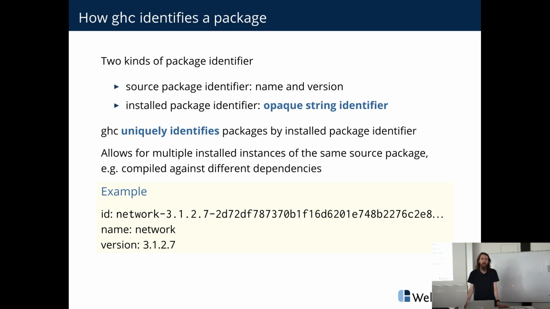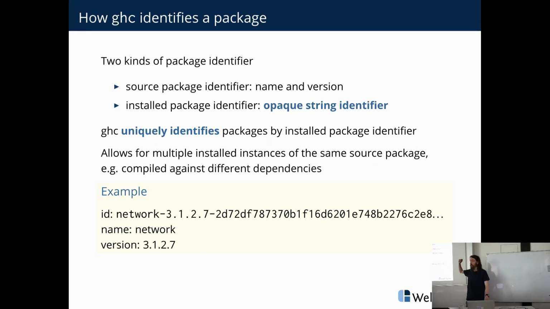It's chosen by the build tool and the package management tool. GHC just relies on these things being unique. That's what it relies on. Yep. So the installed package ID, unit ID, is the unique identifier that GHC uses to identify installed packages. No, that Cabal uses to identify.